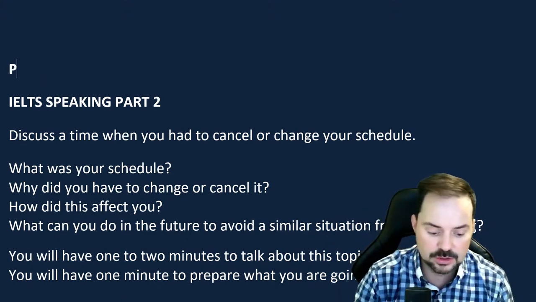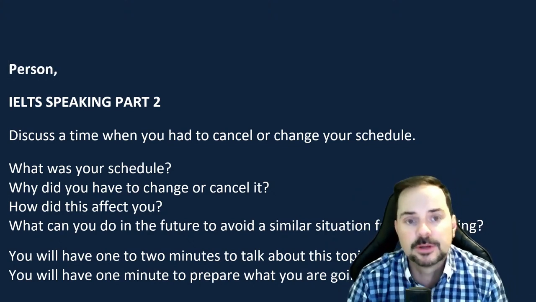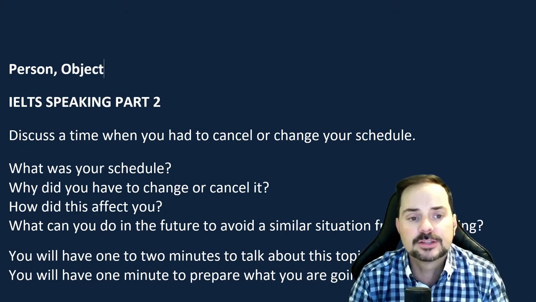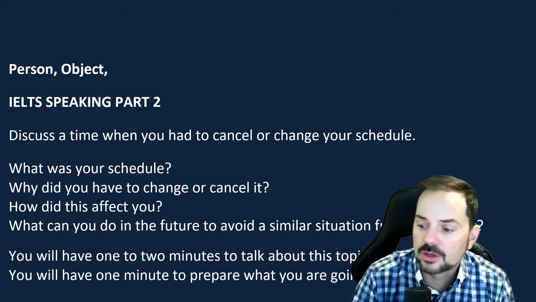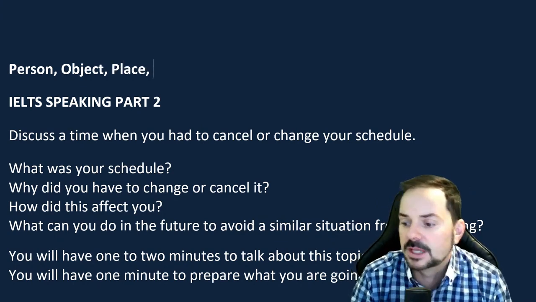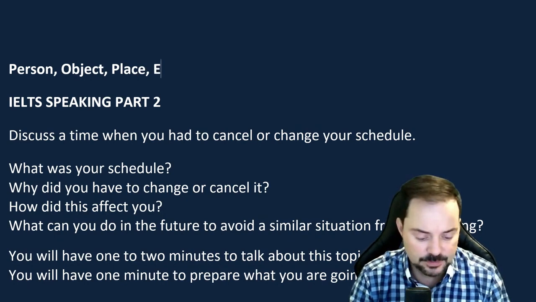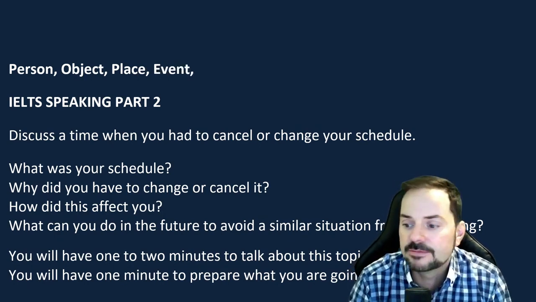Okay, Chen says it could be a person. Yes, absolutely, Chen. So you could talk about a person, like talk about your best friend. Could be an object, like talk about a piece of technology that you own. It could be a place, yes. So talk about your favorite school place. It could be an event, right? So talk about a happy moment in your life. It would be an event.